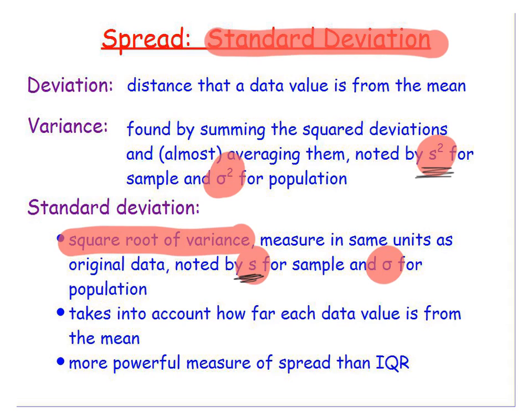But remember, we only use the mean when we have symmetrical data. So if we have an outlier, we have to use the median, which means we have to use the IQR. So our focus on the rest of this lesson is how to calculate standard deviation, because calculating IQR is very easy. Standard deviation is not.